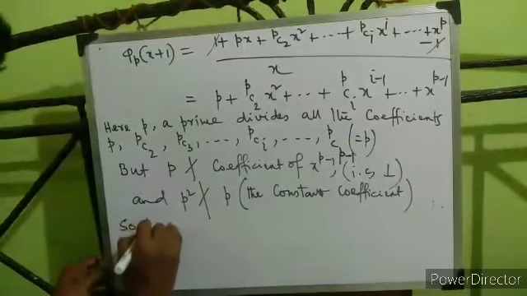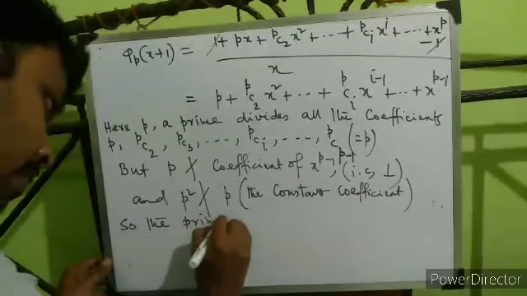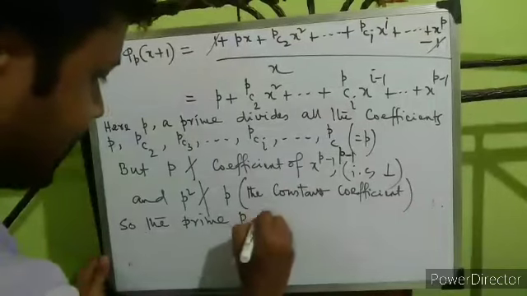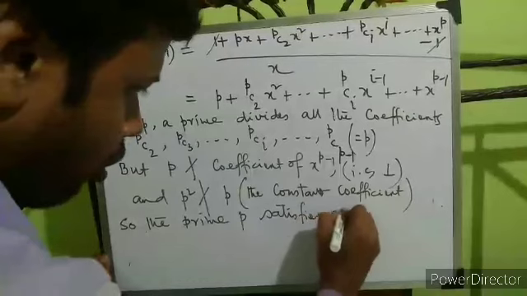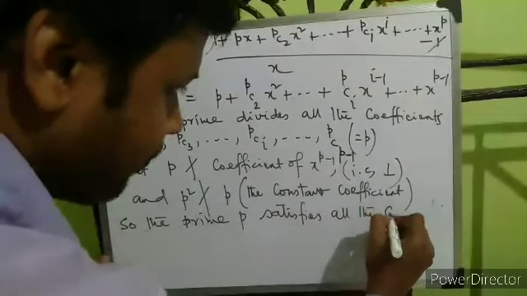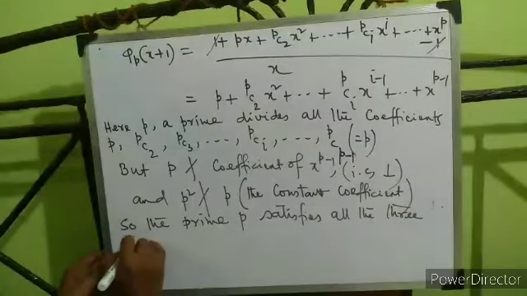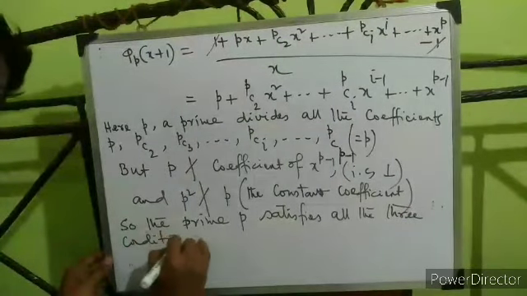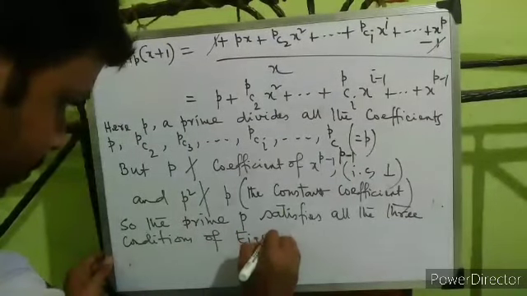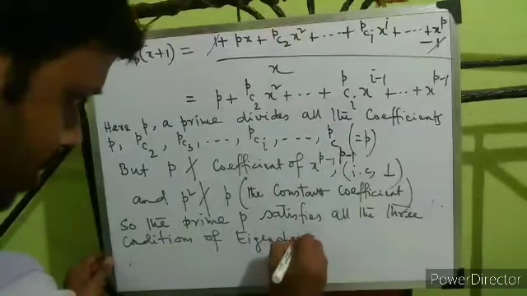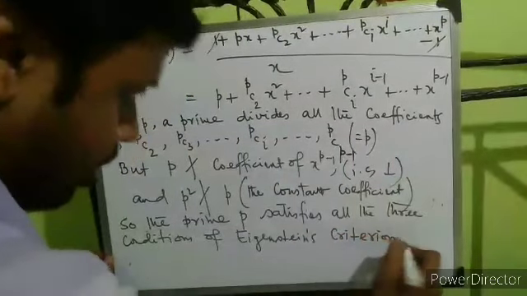So the prime p satisfies all the three conditions of Eisenstein criteria.